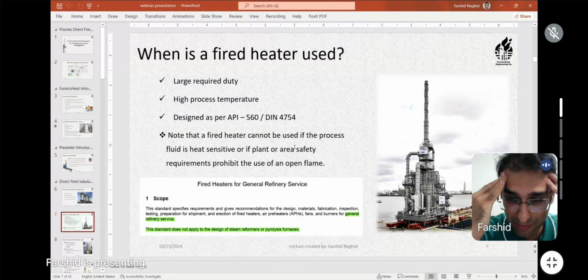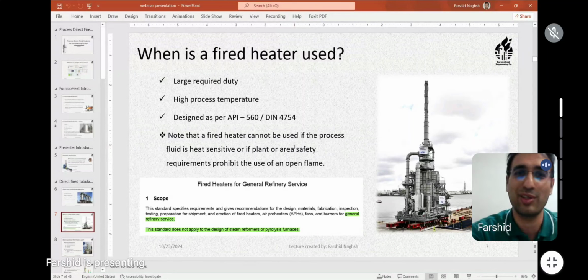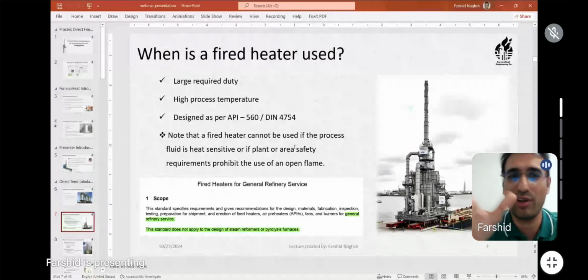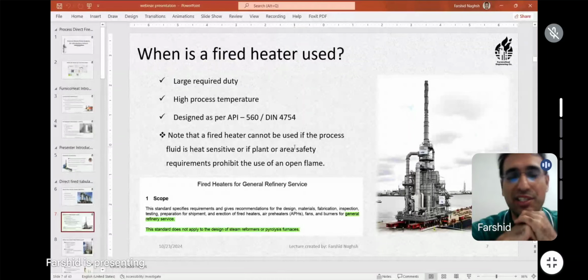So up to a threshold, it is possible to have a shell and tube heat exchanger as the exchanger of choice. For example, up to 100, 150 degrees Celsius.